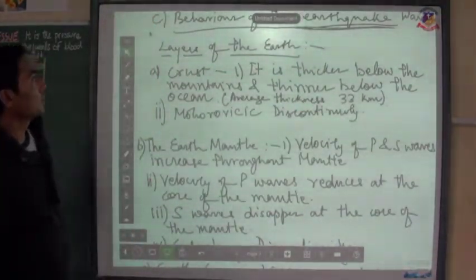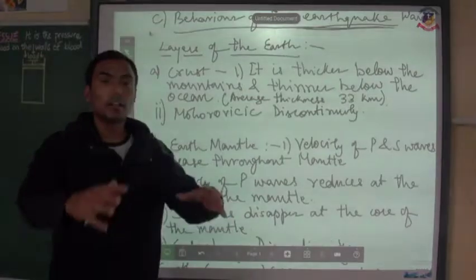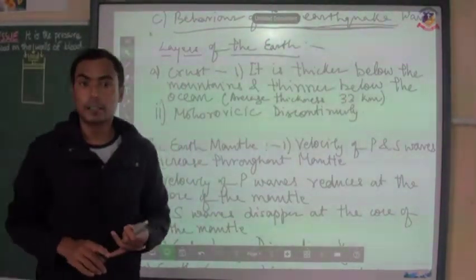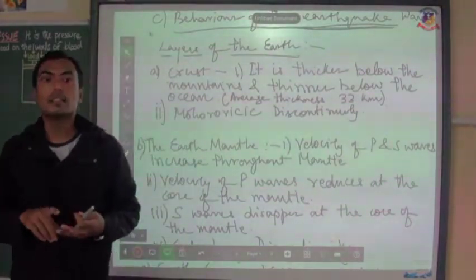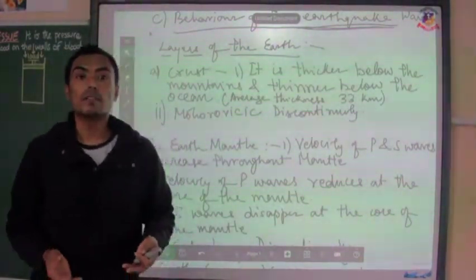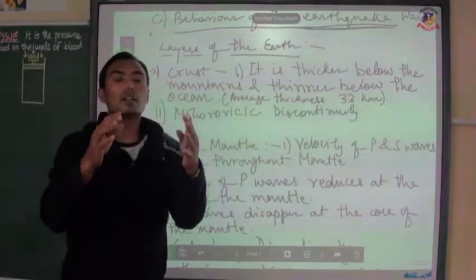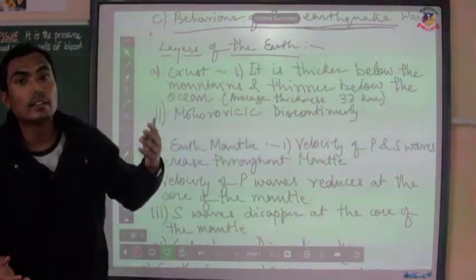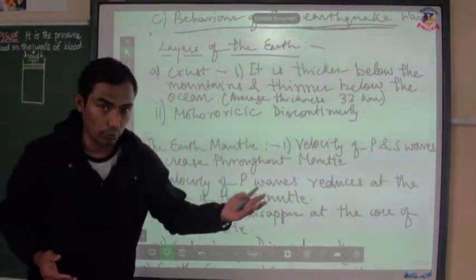Now, in terms of the Earth, it is classified into three layers. First is the earth crust, second is the mantle, third is the core. The earth crust is the outer layer of the earth, on which different living things are found. Clear?